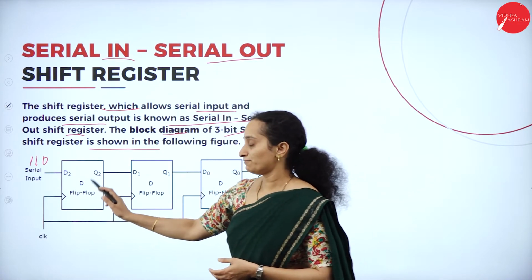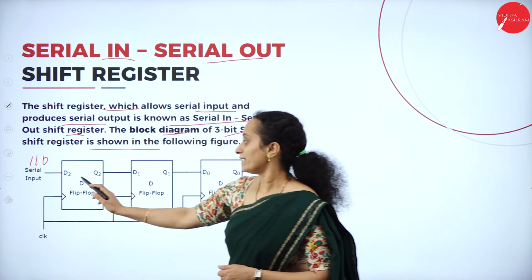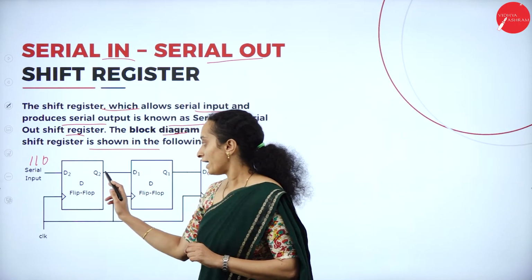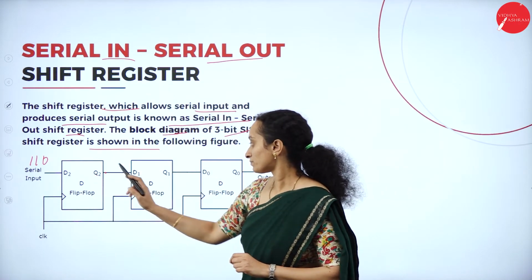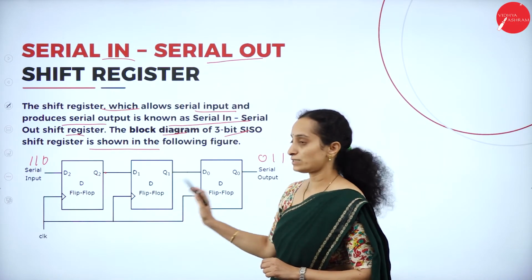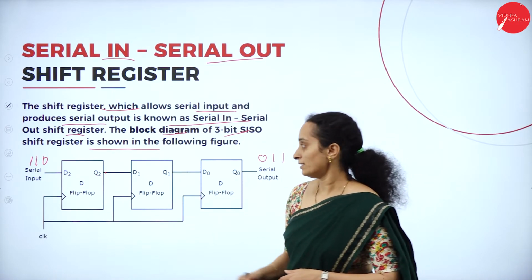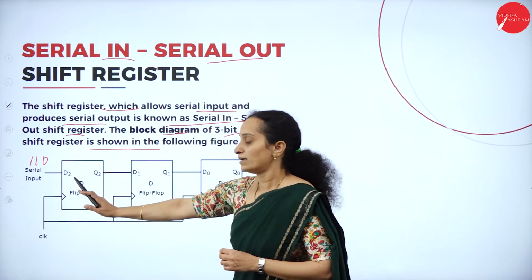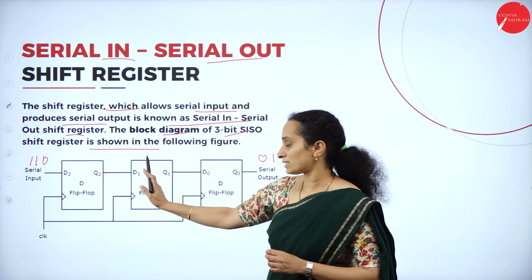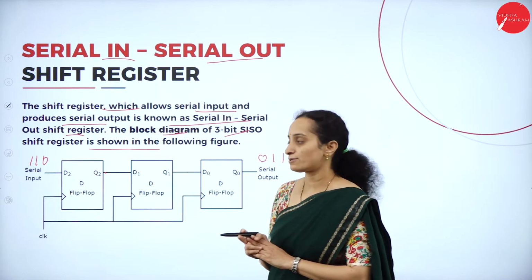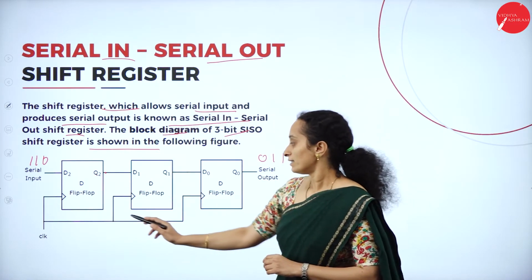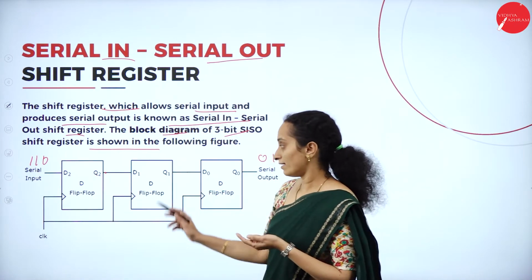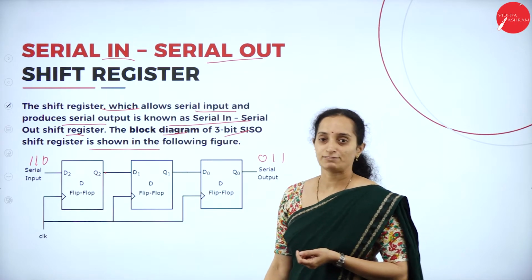Each flip-flop gets one input, D2, in the serial manner and produces an output Q2. It is a 3-bit shift register. Q2, the output from the first flip-flop, acts as an input for the second one. Then we again have the clock pulse, which triggers the D flip-flop.